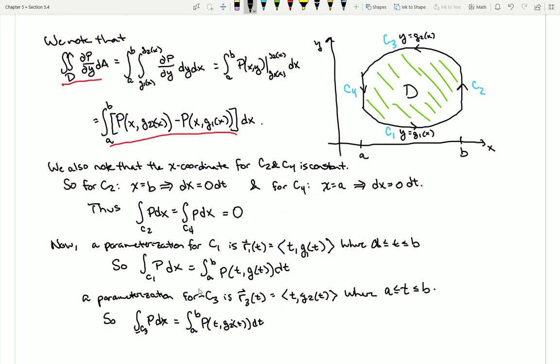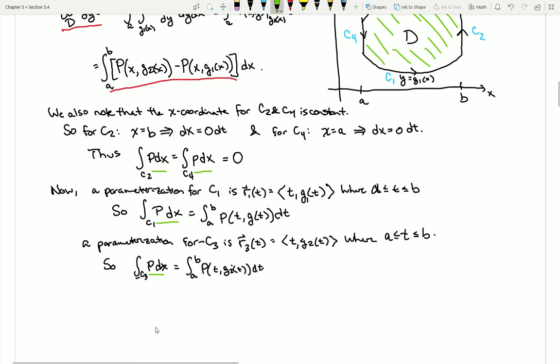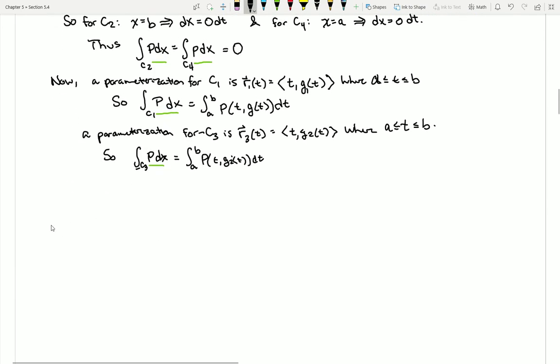So I can see now that I've been able to create, ultimately, an integral for C4 along C2, C1, and negative C3.